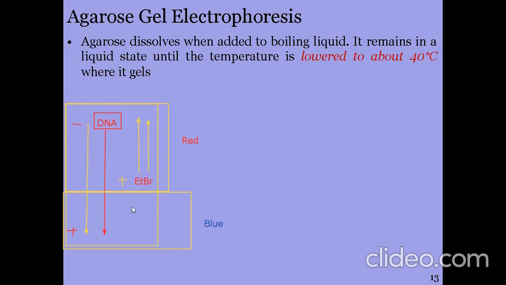So this half will be blue because the ethidium bromide moves in the opposite direction, and the DNA moves in this direction. So this half will become blue if we run the DNA half way.